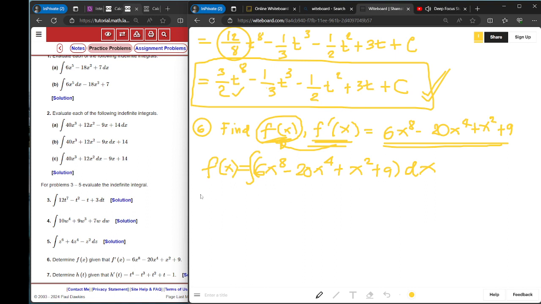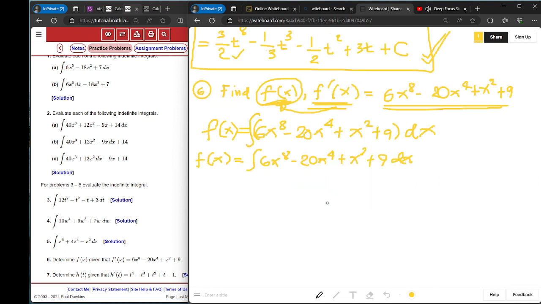So if we rewrite it clearly, this will become the integral of 6x to the 8 minus 20x to the 4th plus x squared plus 9 dx. So we can start the integration.